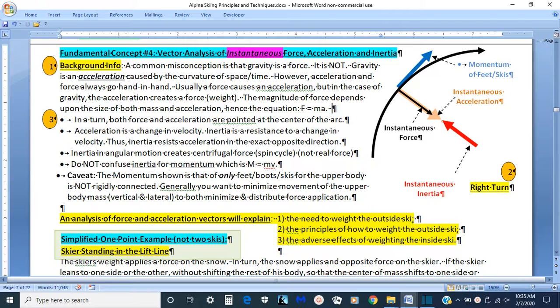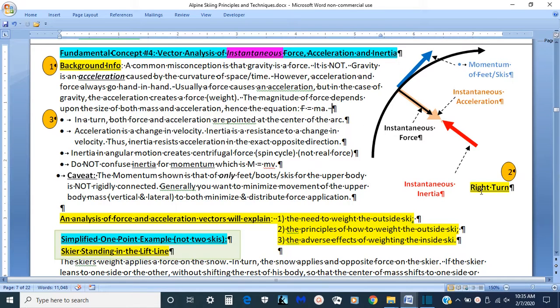All right, this is my fourth lesson on the fundamentals of skiing technique, and we're working on the fourth fundamental concept, which involves vector analysis of instantaneous force, acceleration, and inertia. The reason I emphasize the word instantaneous is because it's always changing, right?